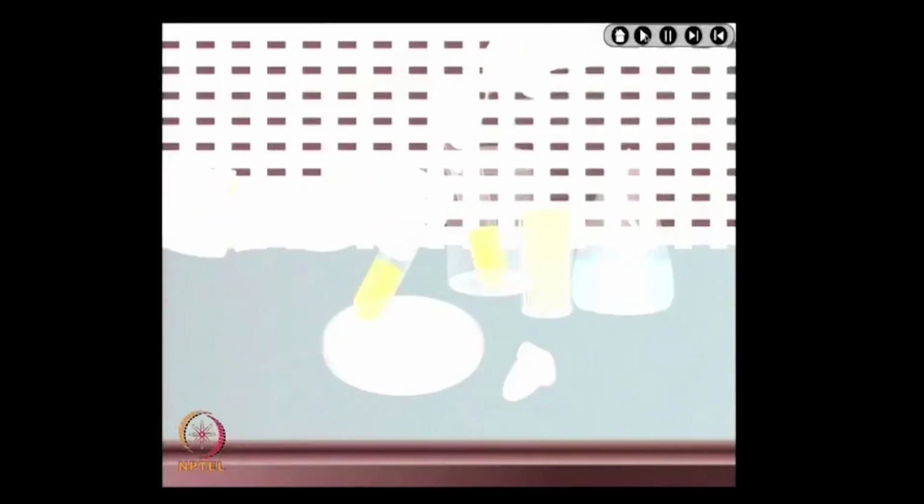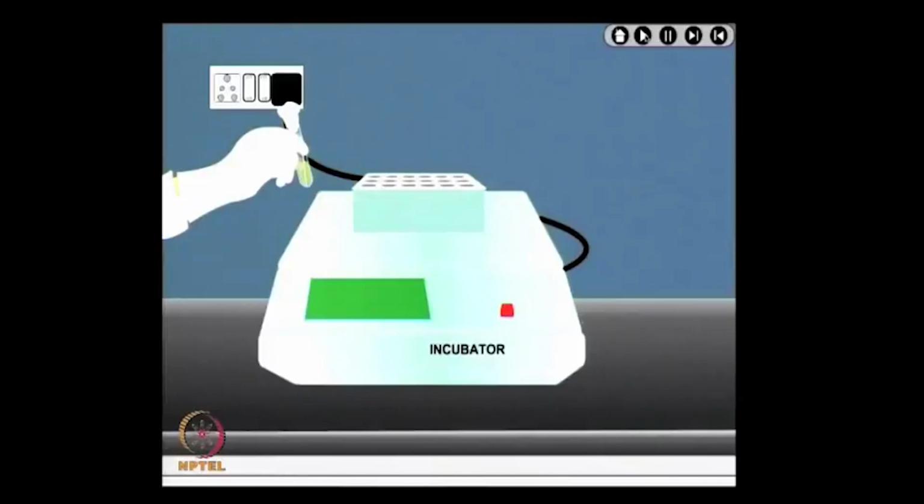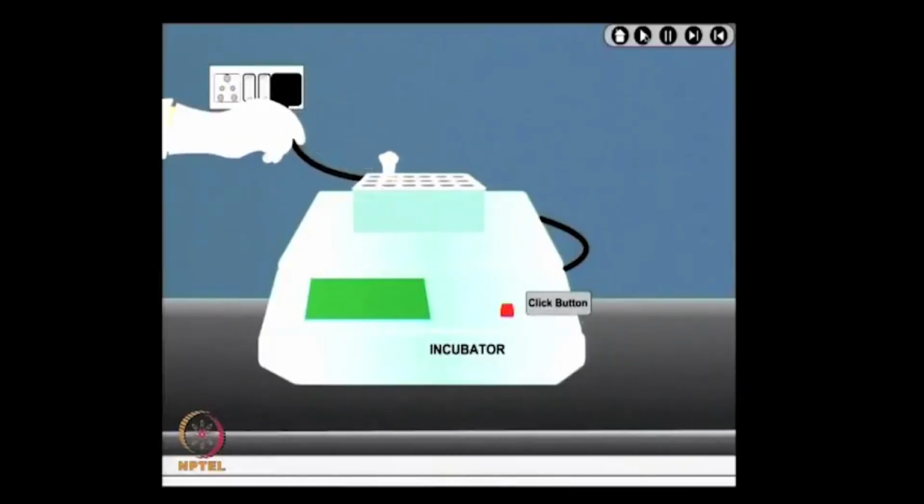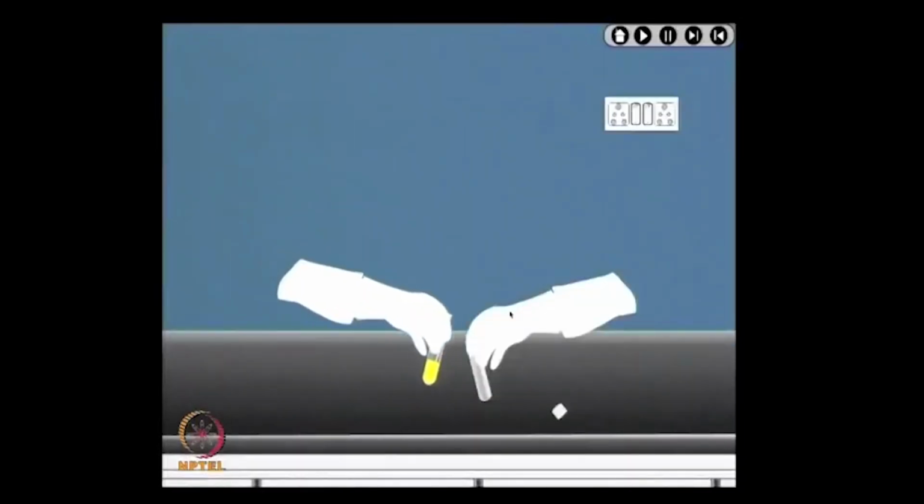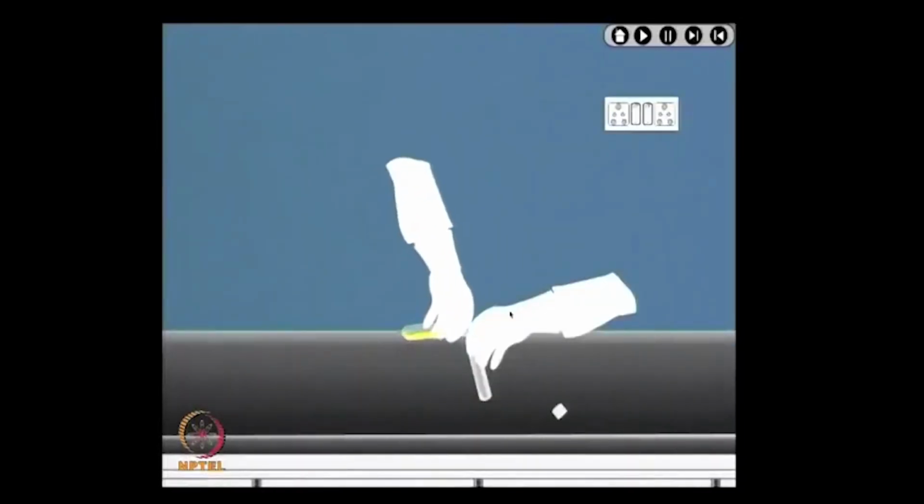For any bacterial proteome analysis, first you need to grow the bacterial cultures on LB media containing a suitable antibiotic. Now, the proper 37 degrees temperature is provided for overnight or 6 to 8 hours of growth.